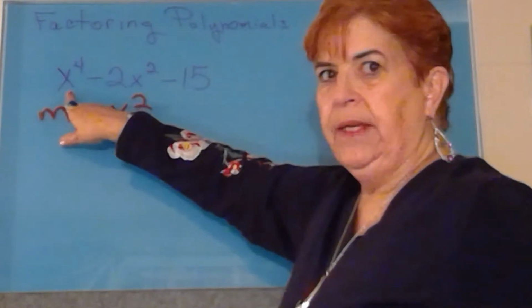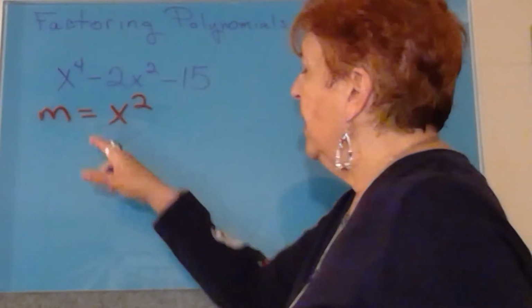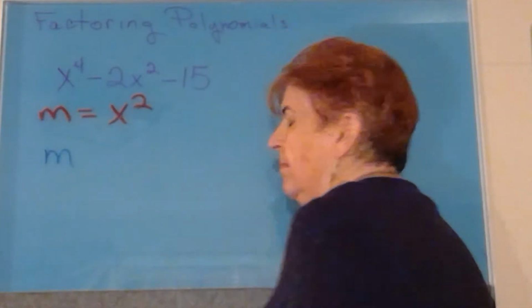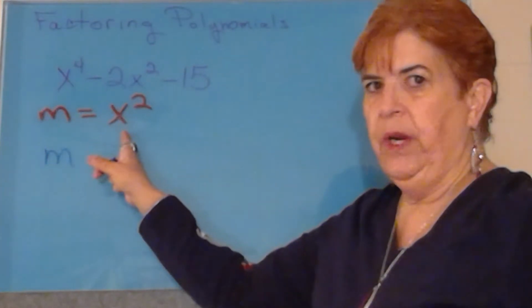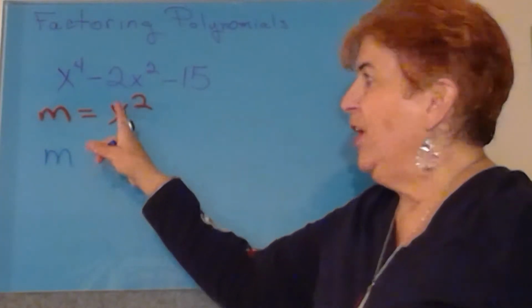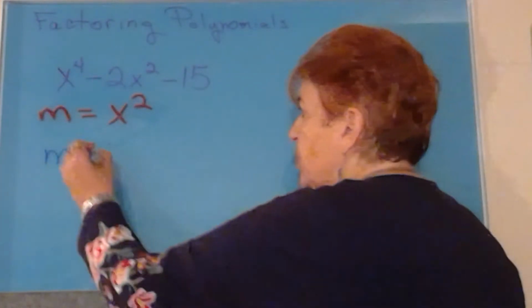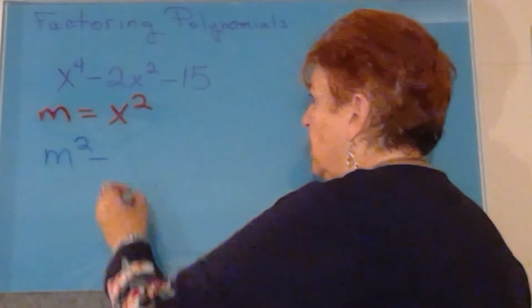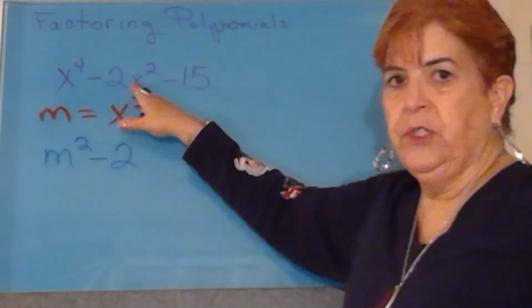Well, if this is x to the fourth, then if m is x squared, you square that to get x to the fourth. So this is m squared minus 2 x squared.